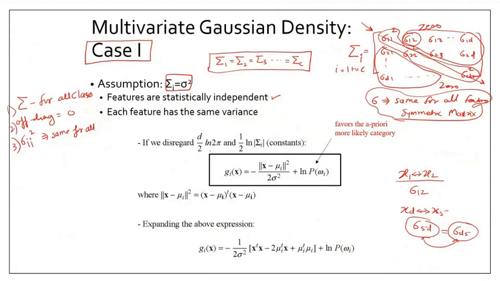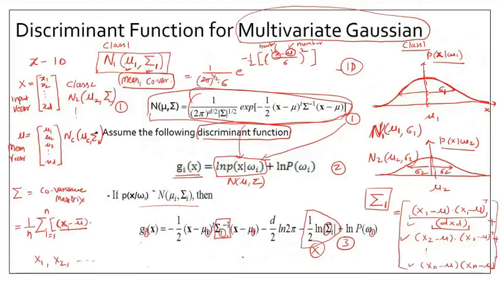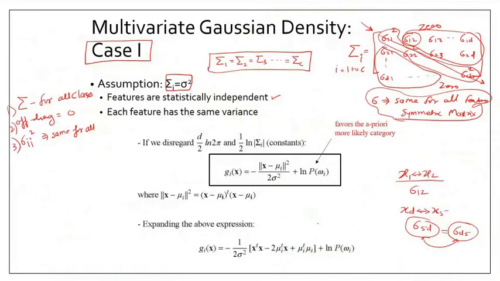Similarly, the first term is a constant. There is no relation with i for this term, so i is not there, so I can even throw this term. So I can drop these two terms since they are constant. There is no relation between class and these terms, so I can throw that.